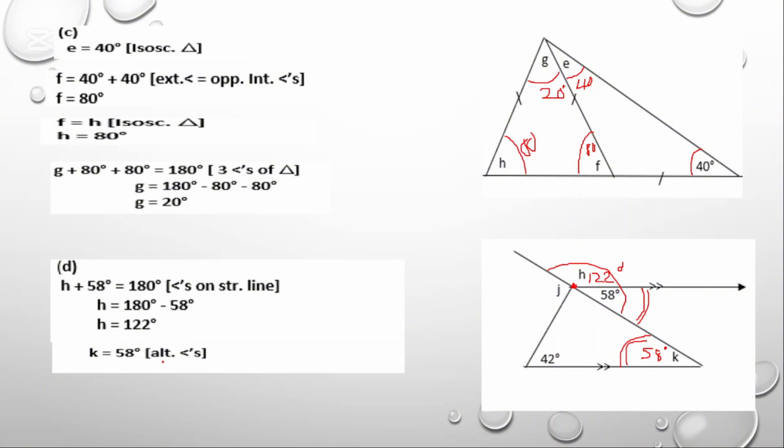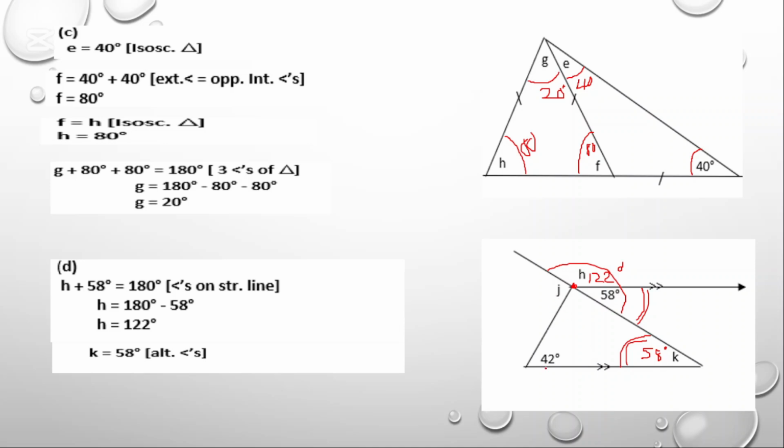Right, which one must we still find? J. Again, this one here is the exterior angle of this triangle. Can you see there? Here we have a triangle, and J is the exterior angle, and we know the rule. The exterior angle is equal to the sum of the opposite interior angles.